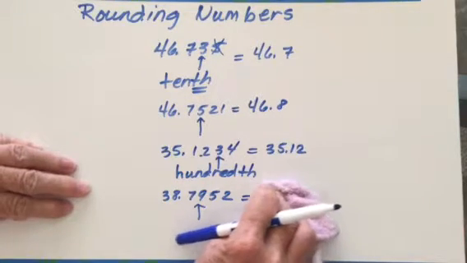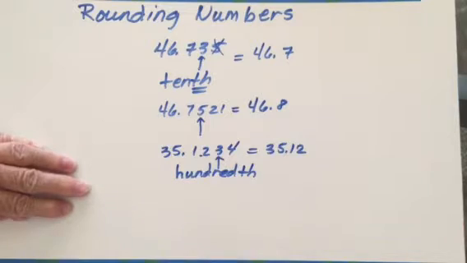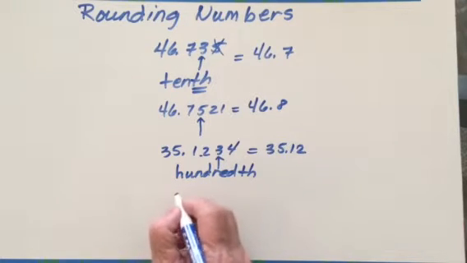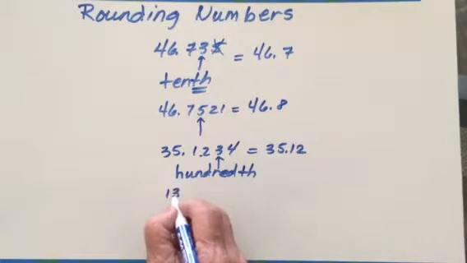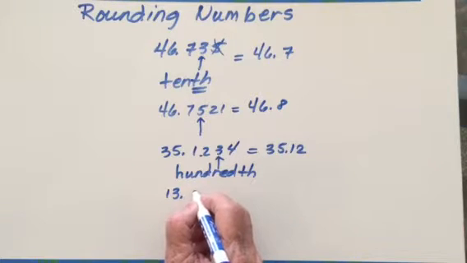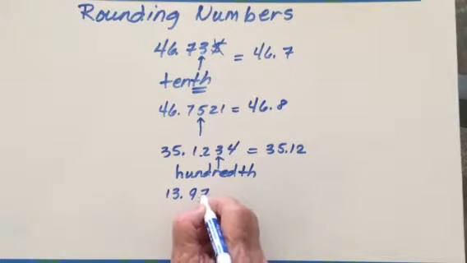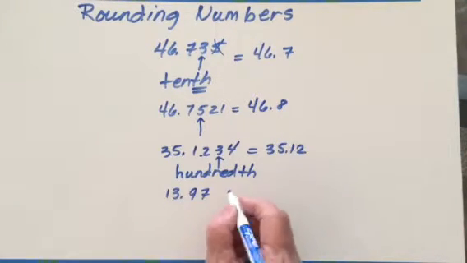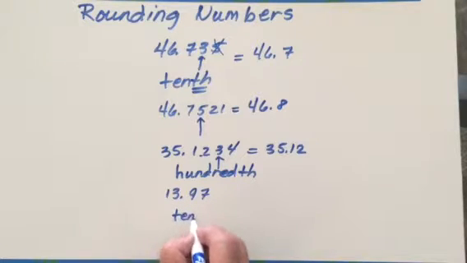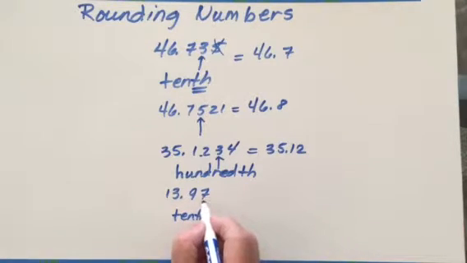Let me show you something. If this number had been, let's say, 13.97, and I said round this off to the nearest tenth, well, you'd look at this number, and this number is 5 or more.